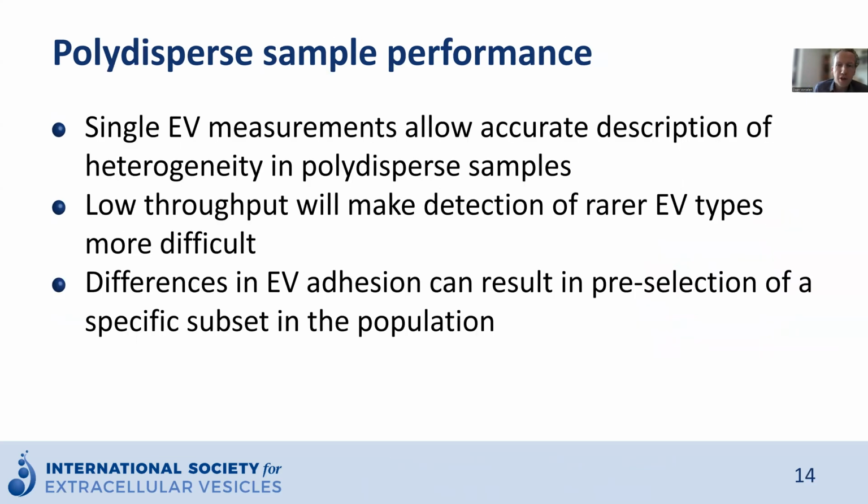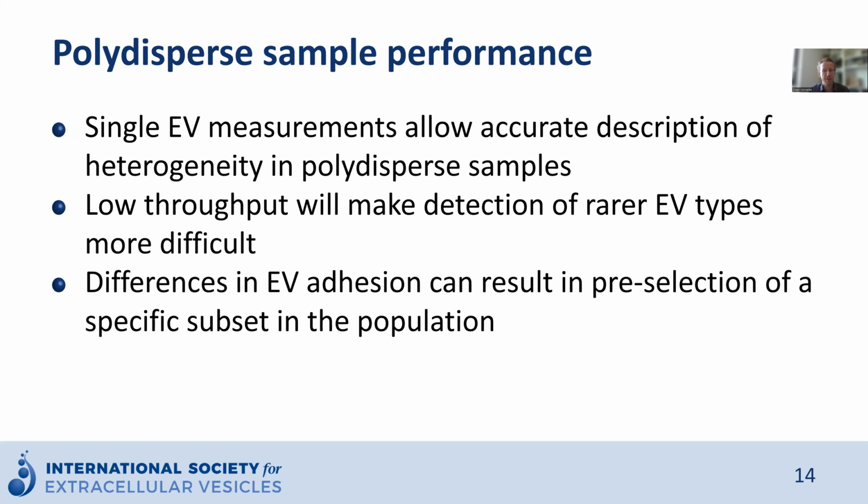In the context of polydisperse samples, the AFM approach, which measures single vesicles at a time, allows accurate description of the heterogeneity in the sample. However, the relatively low throughput will make detection of rare vesicle types more challenging.